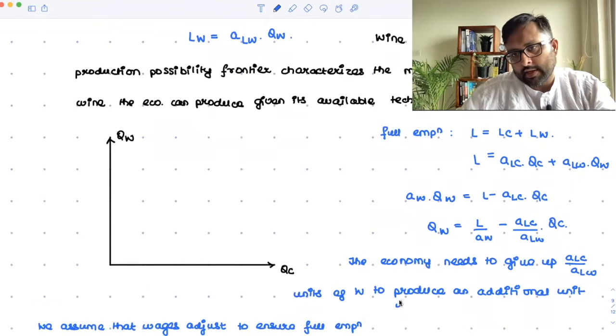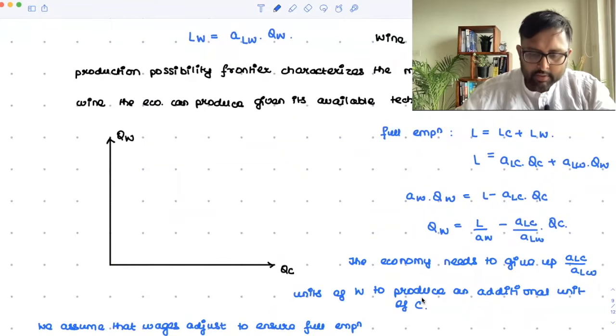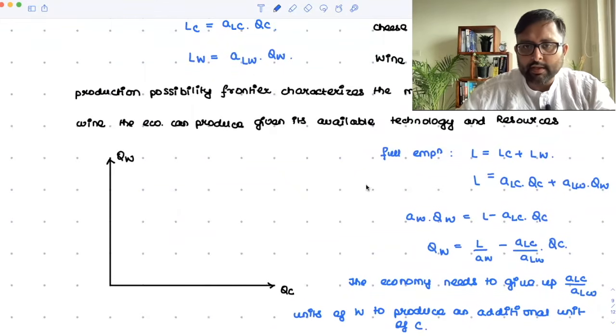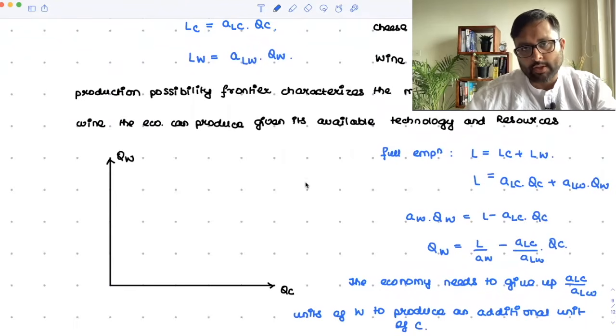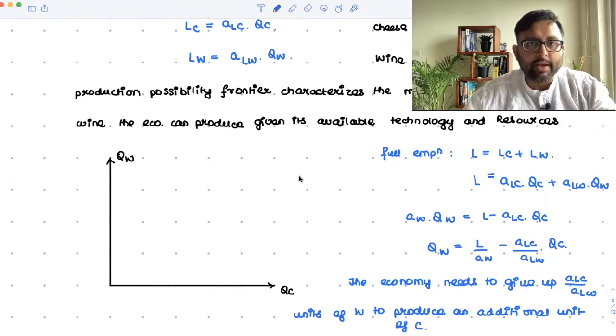So basically what ALC upon ALW is, this is the opportunity cost of cheese in terms of wine.